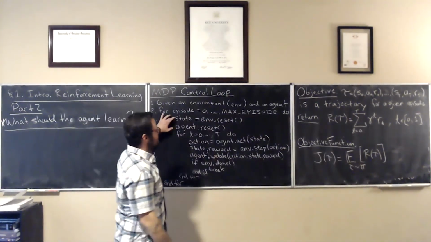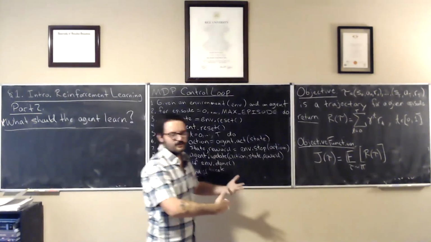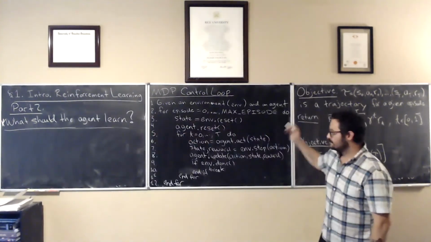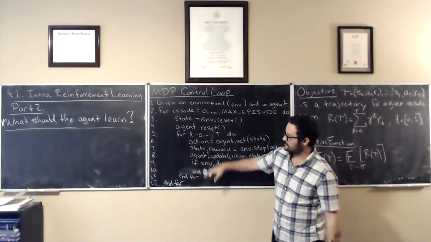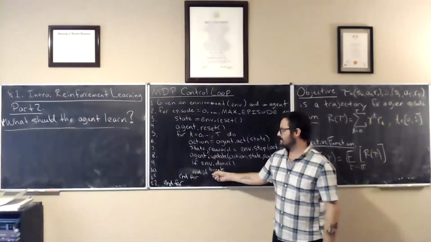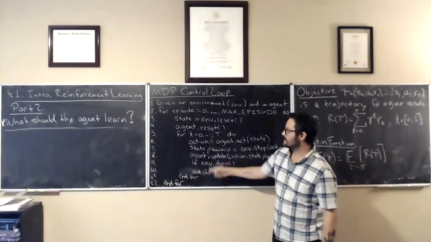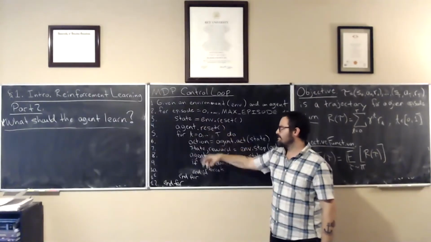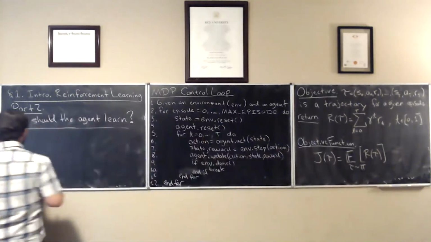We reset our state, reset our agent, and then do this again, collect the information, observe what's happening. If environment done, we break. Otherwise, come back up here, another time step, keep on going. I think I misspoke for a second. This if statement break is inside this for loop. So if you break out, then you go up to the episode.